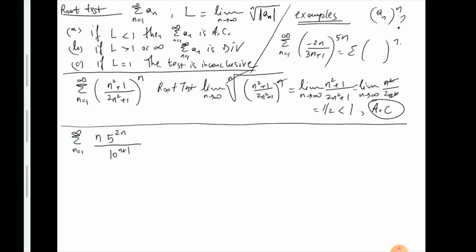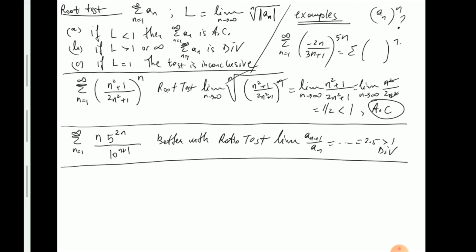Because I have the nth root of n, maybe this is better with the ratio test. So how about I leave this as an exercise with the ratio test? If you set up the limit of a_(n+1) over a_n with the ratio test, this should be 2.5, which is greater than 1, so that's divergent. So try this on your own.